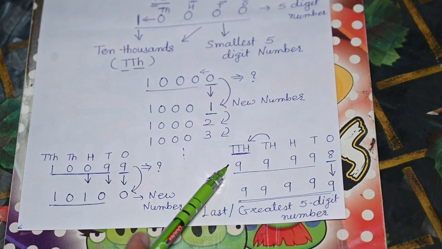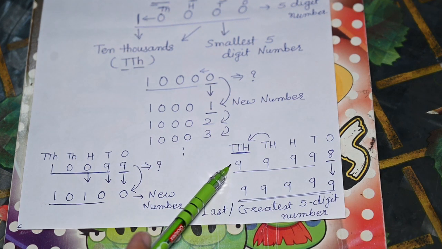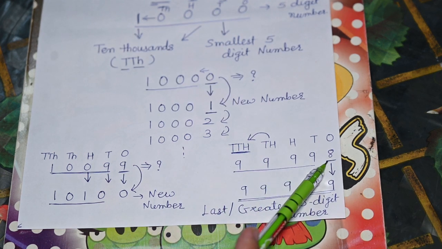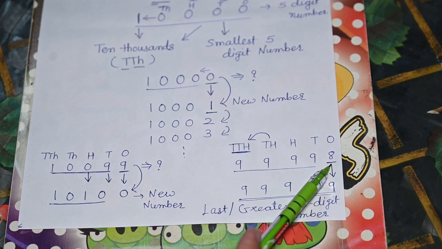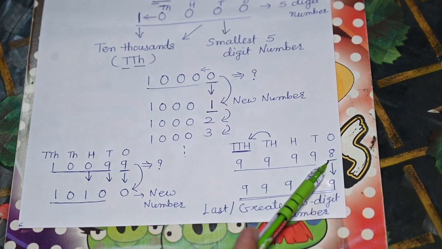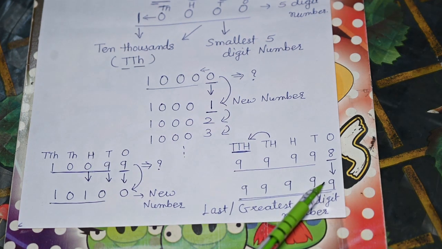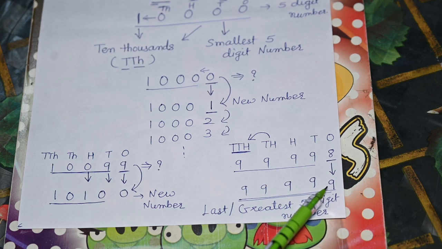Now look here. I am taking one more 5-digit number and this number is 99998. Now what will be the next number after this number? So here 8 is in the place of ones. So we increase by 1 the ones place digit. What comes after 8? 9.